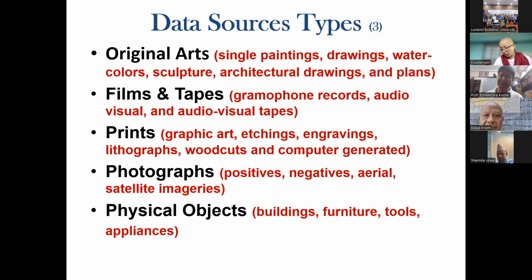For some of the things related with our discipline, Buddhist studies, we can have information from films and tapes, and from prints, graphic art, etchings, engravings, lithographs, woodcuts, and computer generated works.